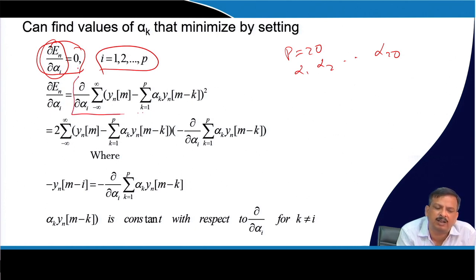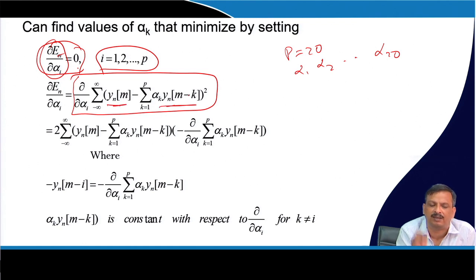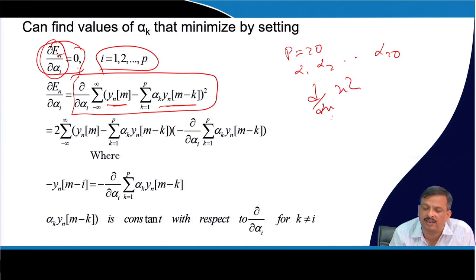I take the derivative of E_n, which is y_n[m] minus the estimate, whole squared. The derivative of x squared is 2x into the derivative of x.